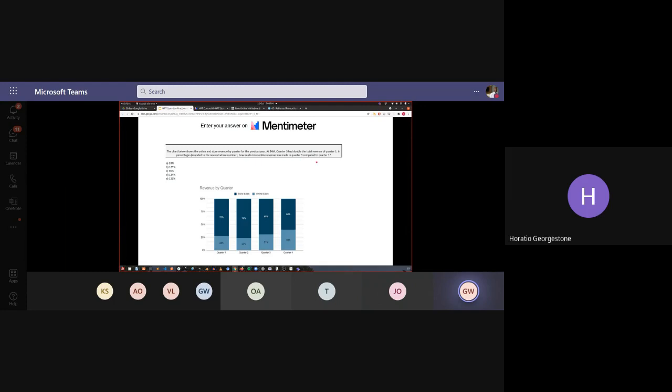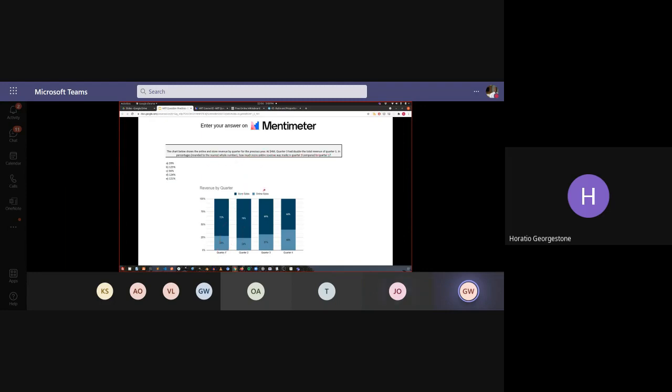Okay, so first of all, in this graph, we can ignore everything apart from quarter 1 and quarter 3. We can see from the key that store sales is dark blue and online sales is the light blue here. So in quarter 1, this is asking about online revenue.